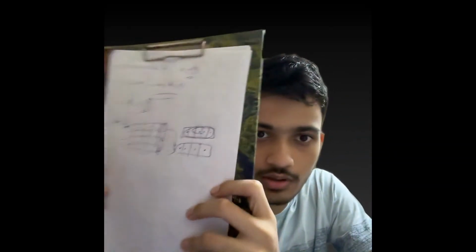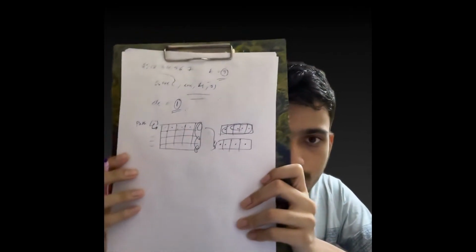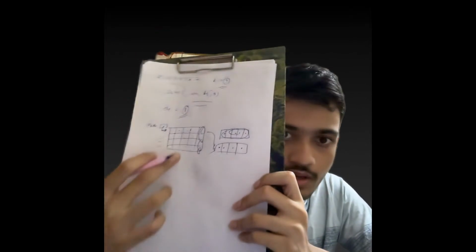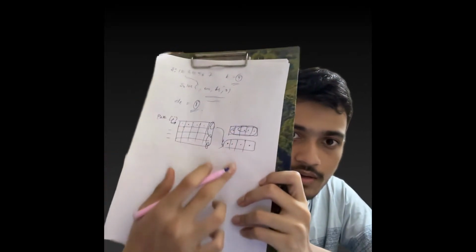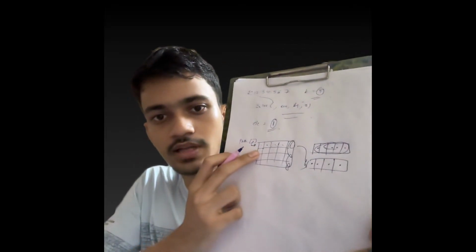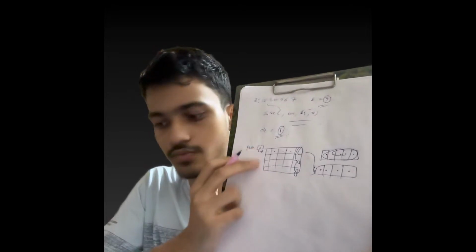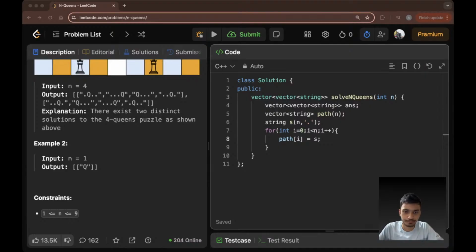Let me show you what I'm talking about: path of i is equal to this string s. Here i is like the index, 0, 1, 2, 3, and we are putting this. Now we have made all these dots like spaces.